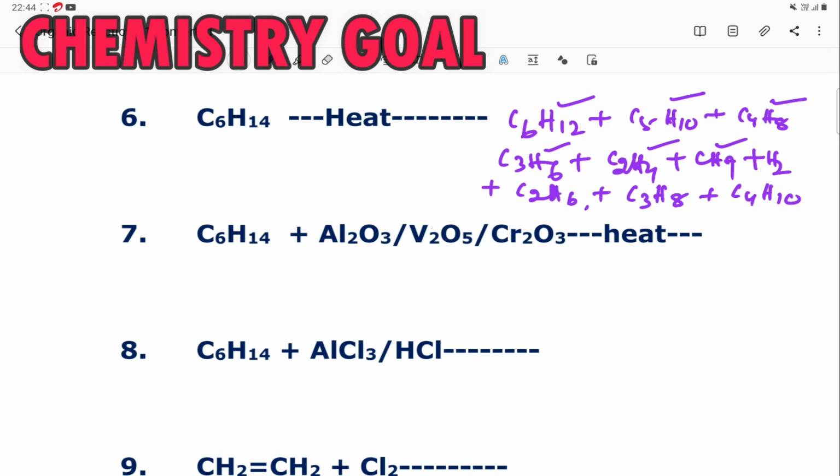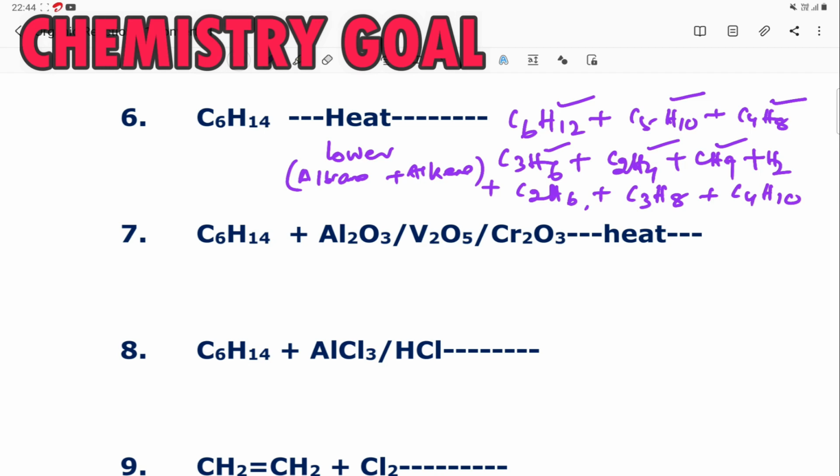Lower alkane plus alkene will be formed. So this is called thermal decomposition or cracking. During heating, it converts to lower alkane and alkene. If one product is alkane, then the side product is alkene. So different types of alkane and alkene will be formed by strong heating of hexane.